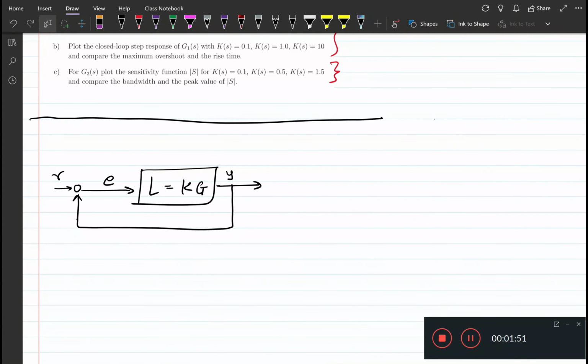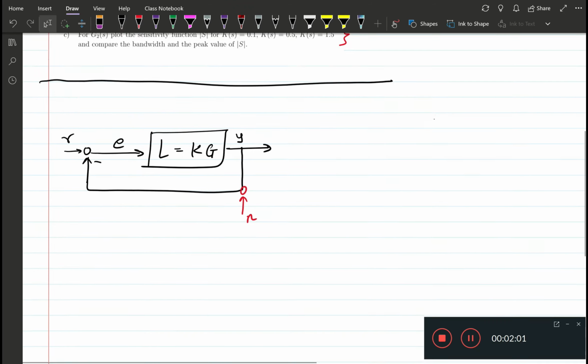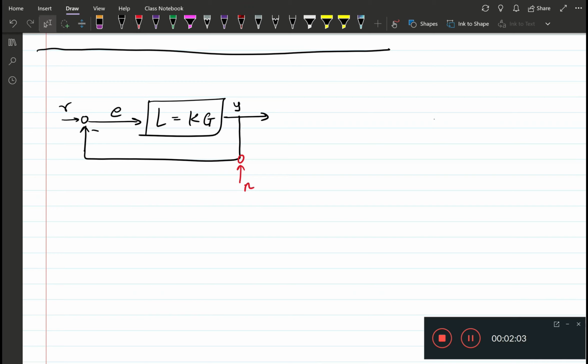But now let's introduce a noise channel here. If we do that, and by the way, this is a negative feedback loop, and let's say this is plus. So this is quite arbitrary because the noise could be positive or negative. Let's just call it plus.